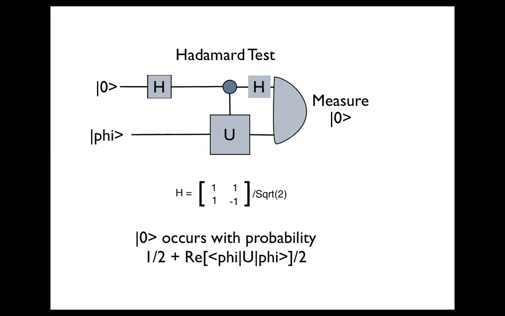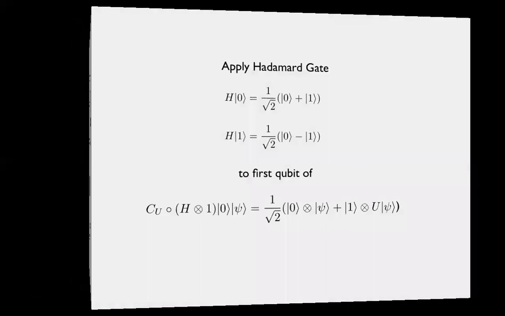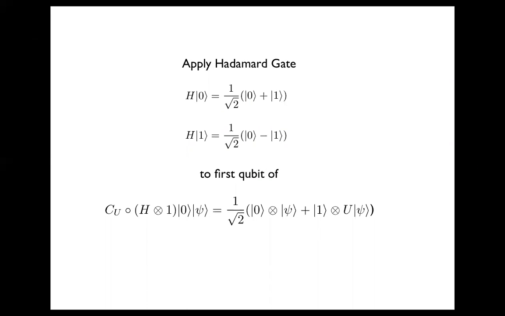And it acts by, if the extra line is 0, it acts by the identity, and if the extra line is 1, it acts by U. Is that clear? Sure. I don't know who asked, but I hope that's clear. Well, I'm answering.